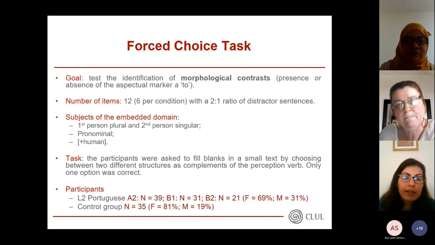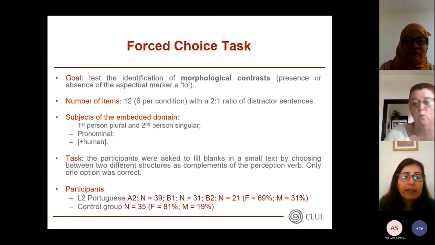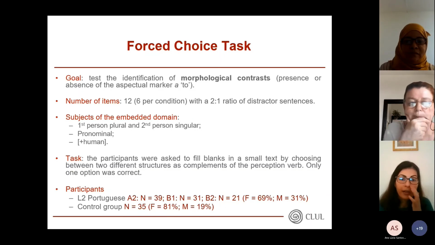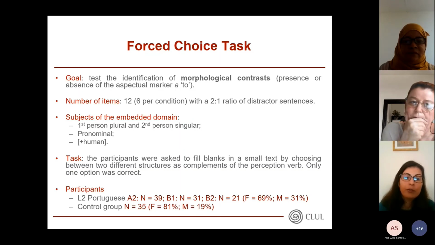The final task was a forced choice task. And here the goal was to test the identification of morphological contrasts, the presence or absence of the inflectional marker. So here we had 12 test items, and the embedded subjects were first person plural and second person singular, pronominal, and human.